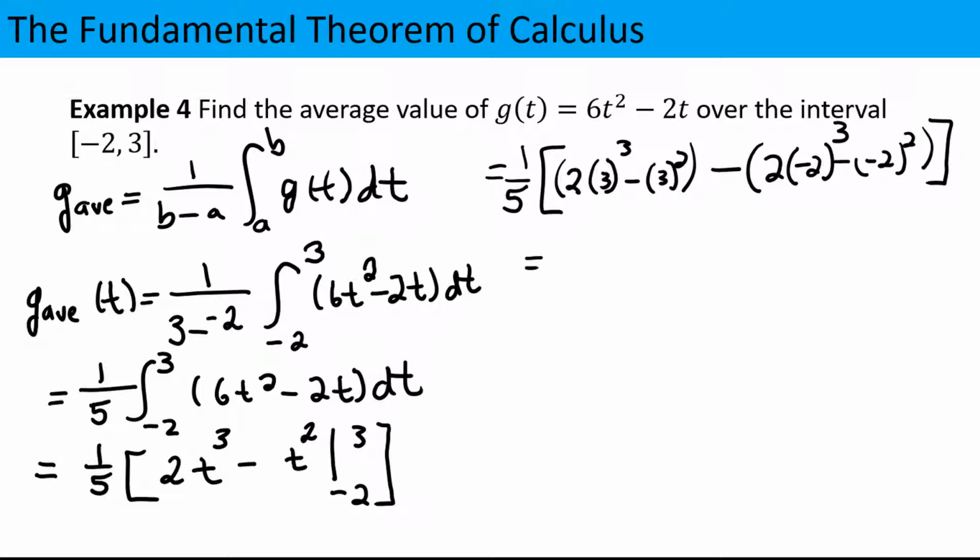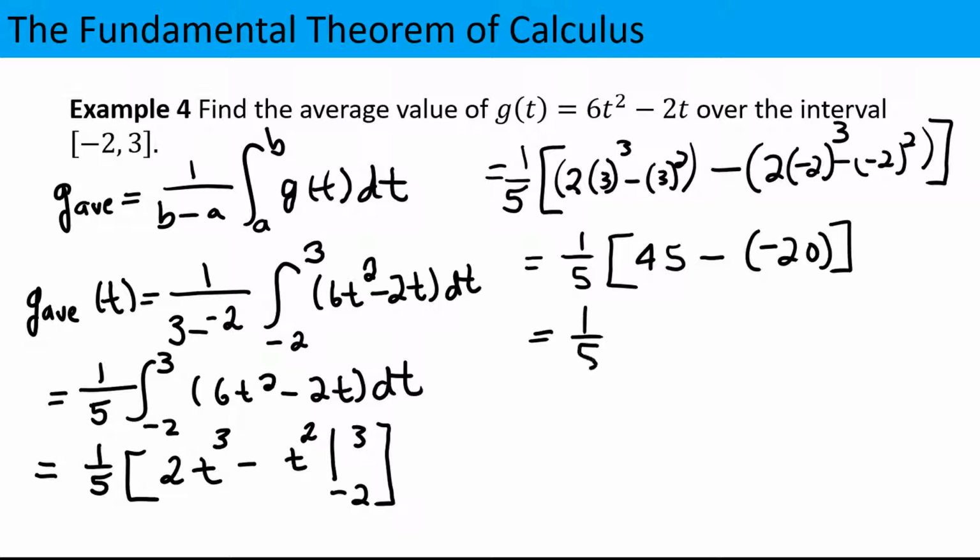Let's proceed. 1/5 times, and then 2 times 3 cubed minus 3 squared, you get 45, minus, then 2 times -2 cubed minus -2 squared will give you -20. With the arithmetic, we'll have 1/5 times 45 minus -20 is positive 65. And the final output is 13. The average value of g of t equals 6t squared minus 2t from -2 to 3 is 13.